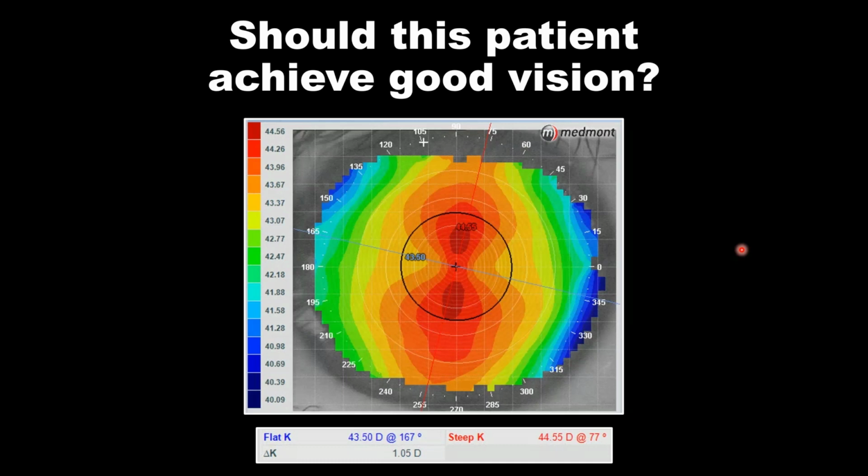When we look at this patient, we might ask, is this similarly somebody that should correct to a very high level of visual acuity? And I think we could argue that yes, this patient would. We have 1 diopter of with-the-rule astigmatism, or about 0.2 millimeters of corneal astigmatism, for those of you who think in millimeters. But what's noticeable is the flat meridian and the steep meridian are 90 degrees apart, so our spherocylinder refraction should work quite well.